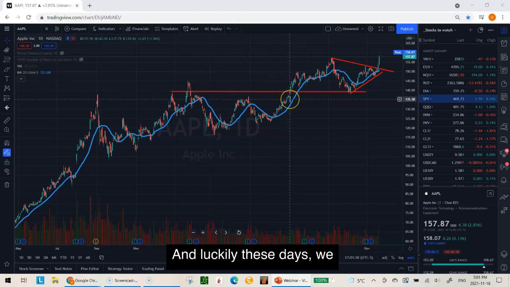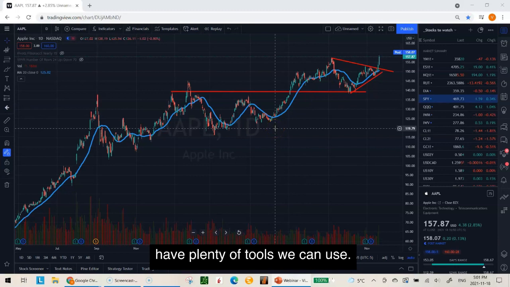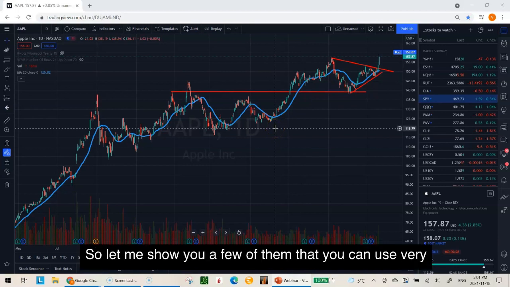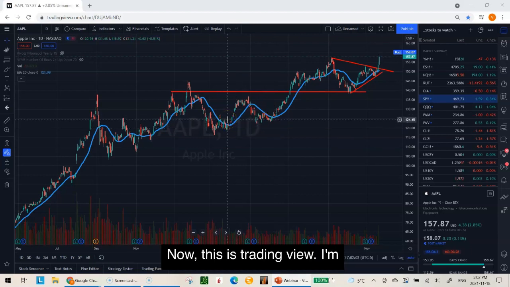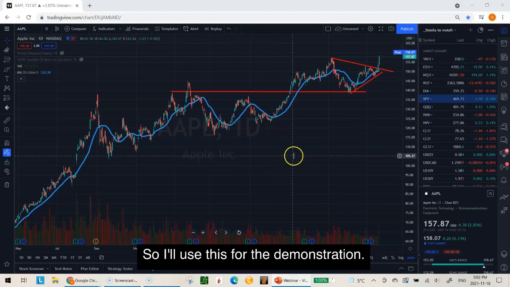And luckily these days we have plenty of tools we can use. So let me show you a few of them that you can use very easily that are available on most charting platforms. Now, this is TradingView. I'm not affiliated with them at all, but I do love their charting platform and do use it all the time. So I'll use this for the demonstration.